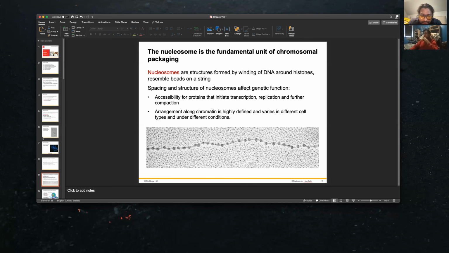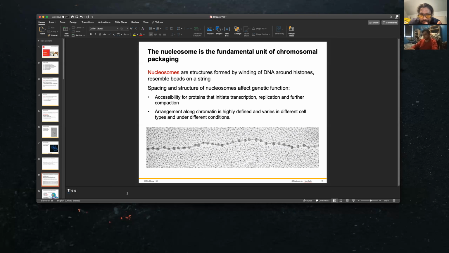Yes, and the spacing and structure of nucleosomes affect genetic function. The string part of the beads on a string is the exposed DNA. If it's exposed, it can be transcribed to RNA, and therefore it's expressed.